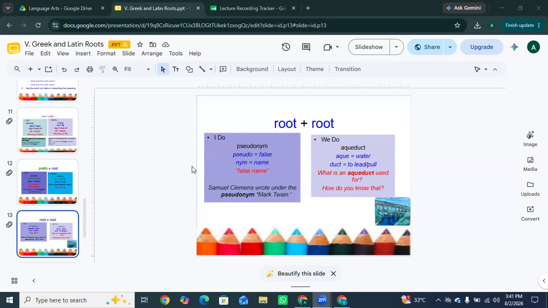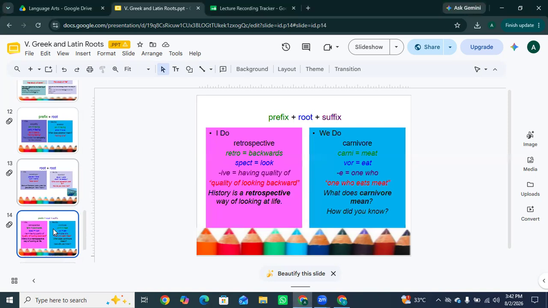Prefix plus root plus suffix. I do retrospective. Retro means backward. Spect means look.